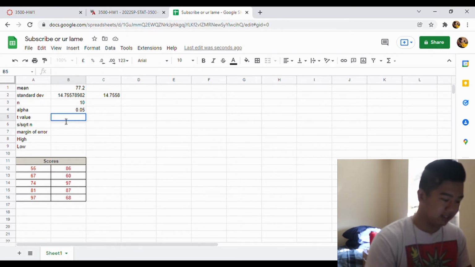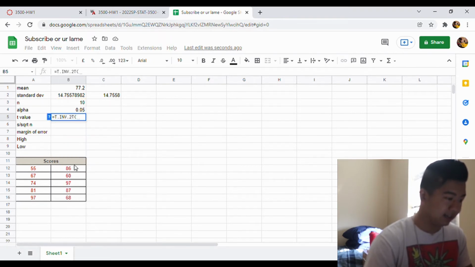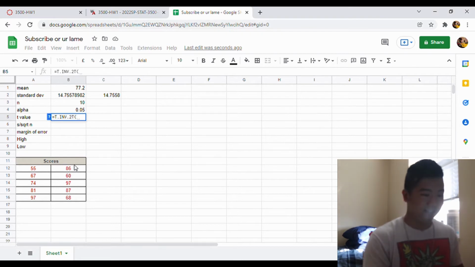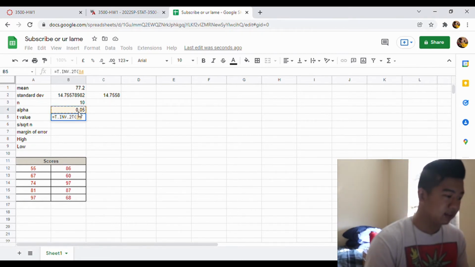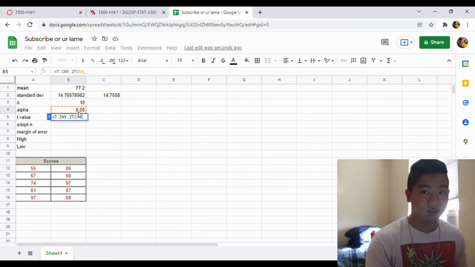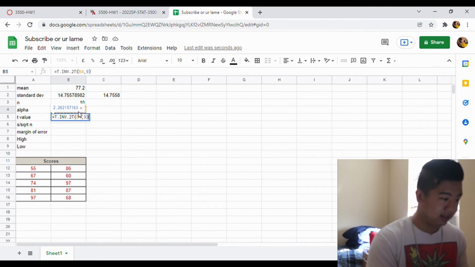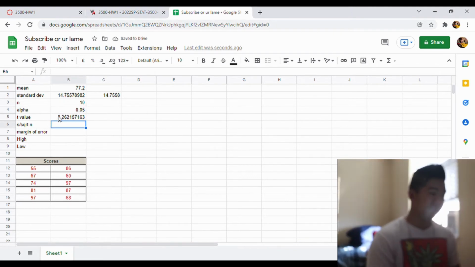We have to put equal so it knows that's a formula, equals T.INV.2T, two-tail test, and we're going to put in our alpha and our degrees of freedom, which is n minus 1. 10 minus 1 is 9. So here is our t value.